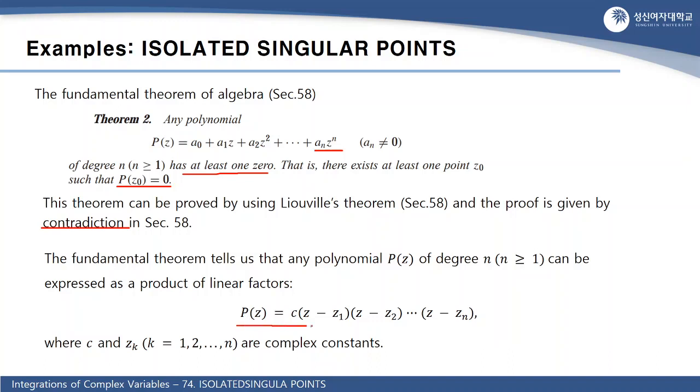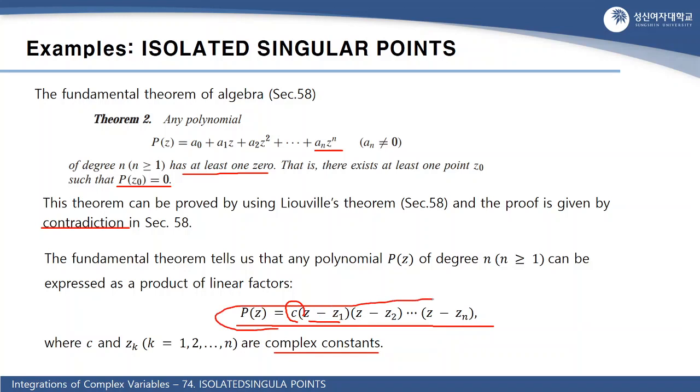We can see here p of z can be expressed as the product of linear factors here, c times z negative z1 times z negative z2 up to z negative zn, where c and zk are complex constants.